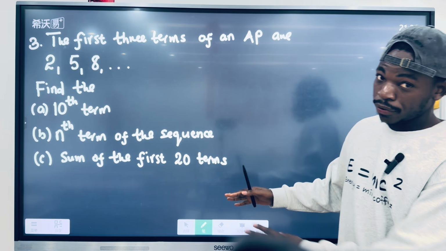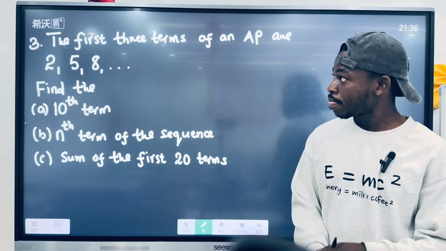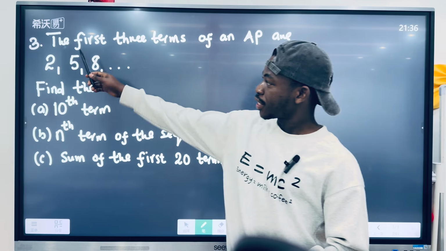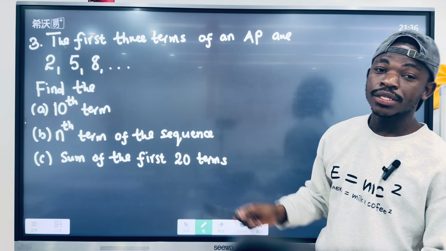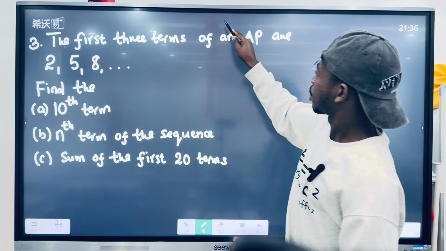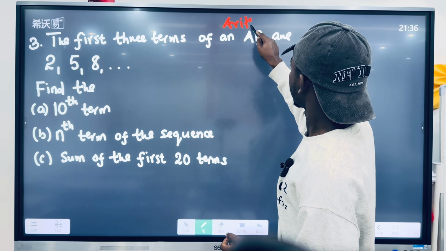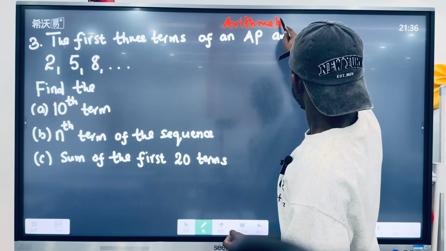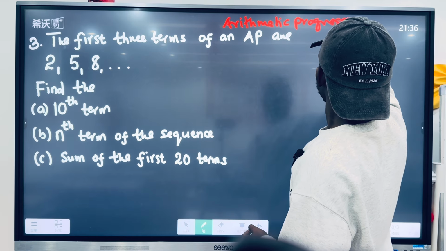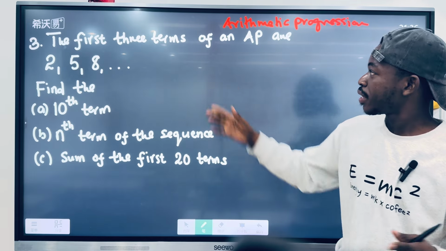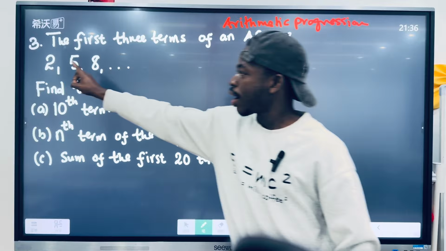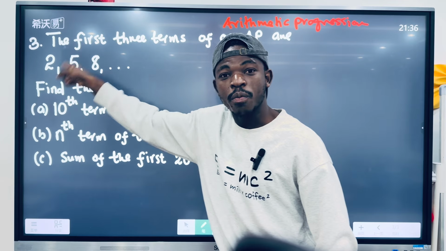Okay, so this is the third question and the last question in this particular video. Let's look at it and solve it together. The question says the first 3 terms of an AP, arithmetic progression, are 2, 5, 8.